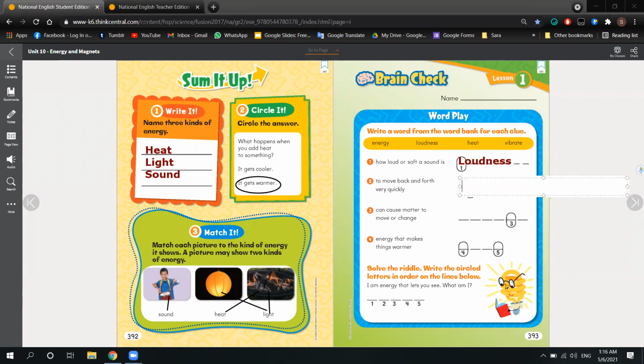You have to put each letter on its line, okay? Don't do it like me. Okay, this is vibrate. You have to do it like this, okay? Not like this. Okay, the third one, can cause matter to move or change. It is energy, of course. And let's write energy.